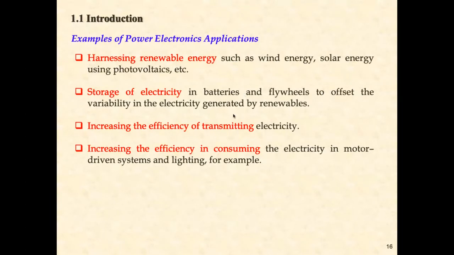And then, of course, the purpose is to increase the efficiency of transmitting electricity. Later you may know why, or get some ideas. As well as the efficiency in consuming electricity in motor-driven systems. Motor drives are also one of the topics in our subject, and Dr. Yang will deliver this topic.